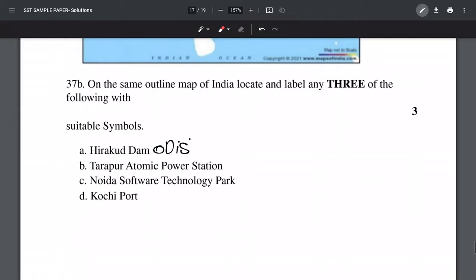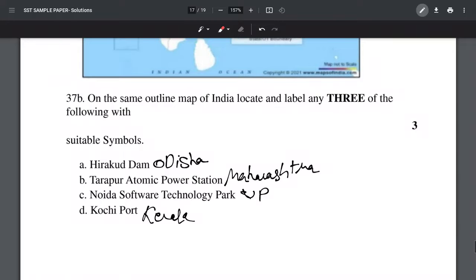Correct? Tarapur Atomic Station, Maharashtra. Right? Then Noida Software Park, Uttar Pradesh. I'll write UP. And Kochi Port, that is located in Kerala. Isn't it?